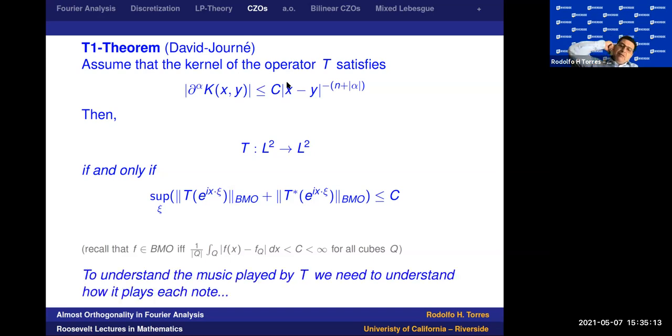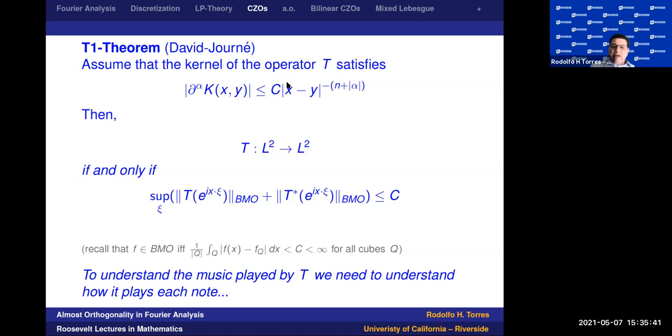And I like this version a lot, because I like to think of these functions, the exponentials, as pure tones. And this is, again, very nice, because it's telling you essentially that, of course, they are far from being a basis or anything like that. They are not even in L2, these functions, but in a way it's saying that all you need to do to understand an operator is to understand it on some kind of basis, as we do in linear algebra, right? That's all we need to know to understand a linear operator.